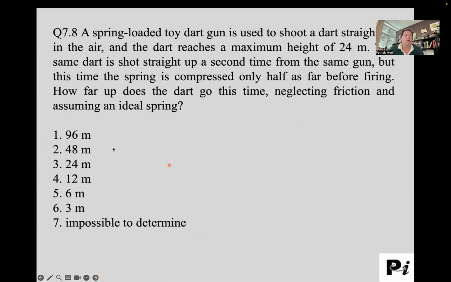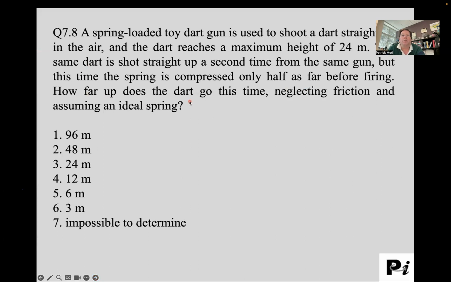All right, let's try it out, our work done by a spring expression. The spring-loaded toy dart gun is used to shoot a dart straight up into the air. The dart reaches a maximum height of 24 meters, so pretty high up. The same dart is shot straight up a second time from the same gun, so same spring constant, but this time the spring is compressed only half as far before firing.